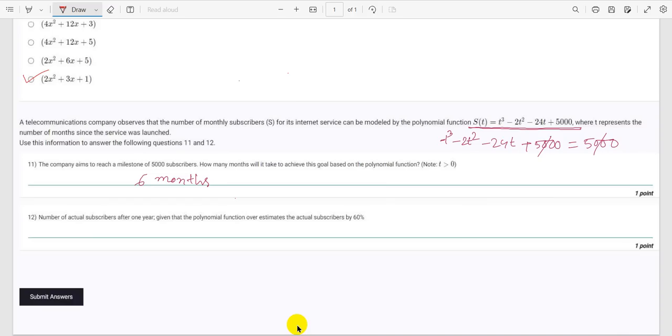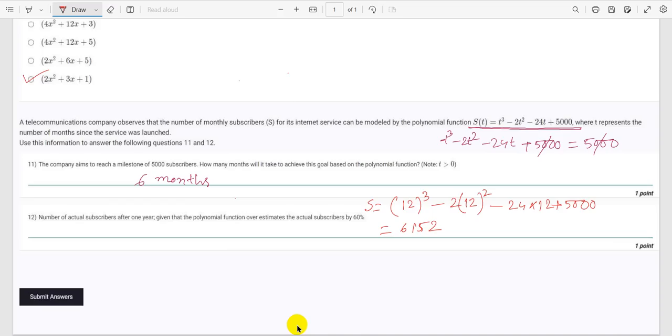So we have to put 12 in place of t in this equation: 12 cube minus 2 into 12 square minus 24 into 12 plus 5,000. After calculating, we will get the number 6152.